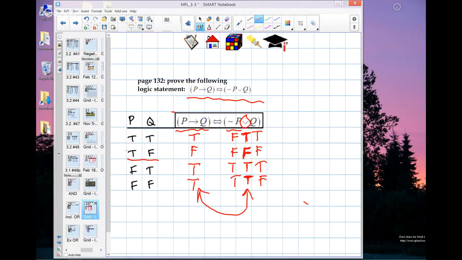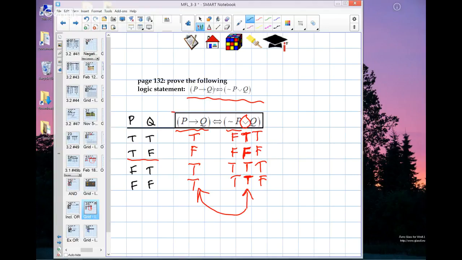Again, I don't know if I'm going too fast, so I'm going to pause, see if you have any question here. Anything at all? How do you know when looking at the statements in symbol form, how do you know when to use the inclusive OR?